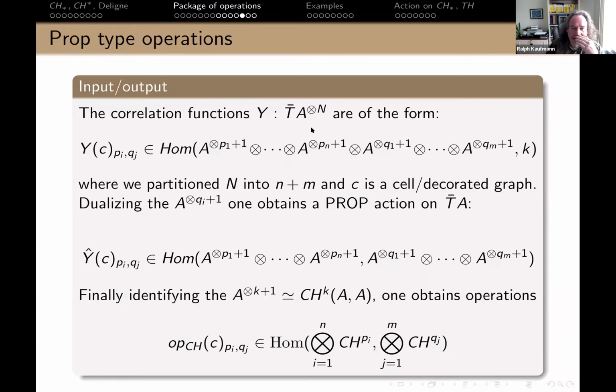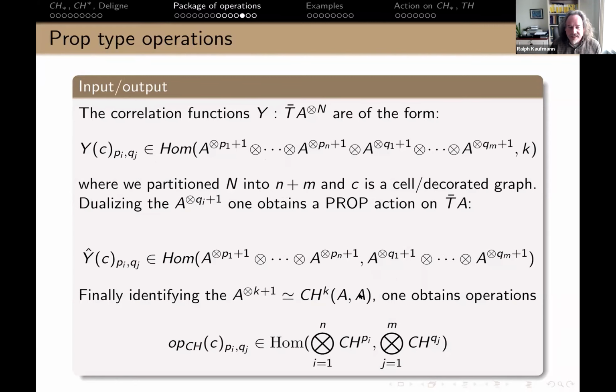And then if I want inputs and outputs, I know how to do that. I just take some of these things here and dualize them. But I have to say how many and which ones. So that's part of additional information, a partition n plus m of some large N. Then I keep the first n factors on the left and put the m factors on the right. And now I have input and output.